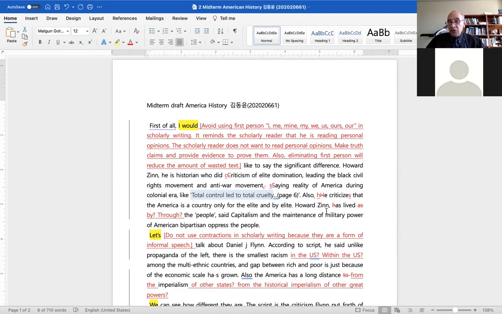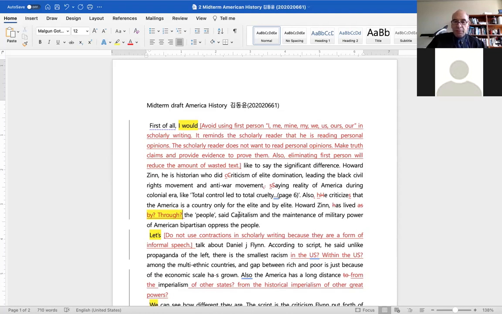So I make like two suggestions, and I let the student choose one of those suggestions or whatever they want, any change they want. So I suggested that you are saying it as lived by or through the people. Either one is okay, by or through, but you should choose which one you want there. If you think about it, you learn more, right?